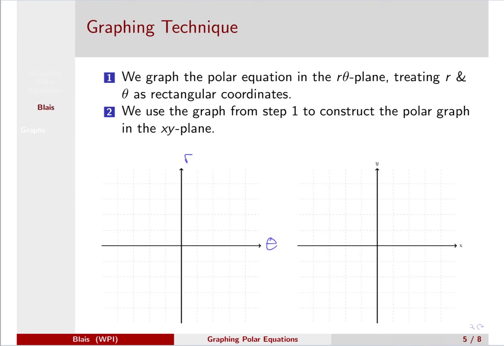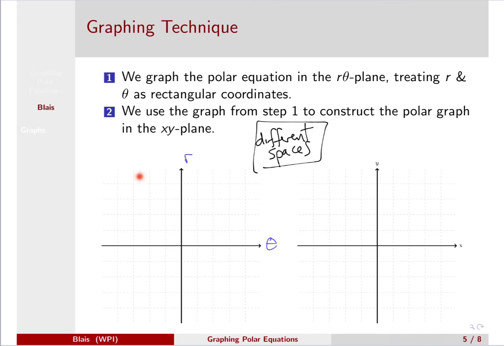One really powerful technique for doing this, the way we often default to graphing these things, is to think in different spaces. And that's the important thing to recognize in this slide, that these are different spaces. We think about our polar equation in the r theta plane, treating r and theta like rectangular coordinates.